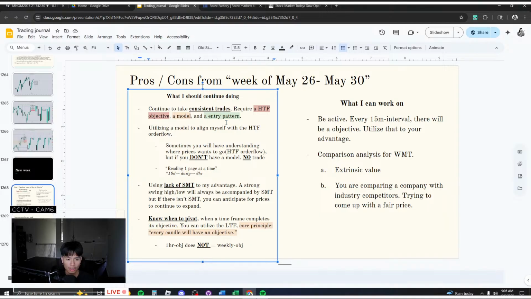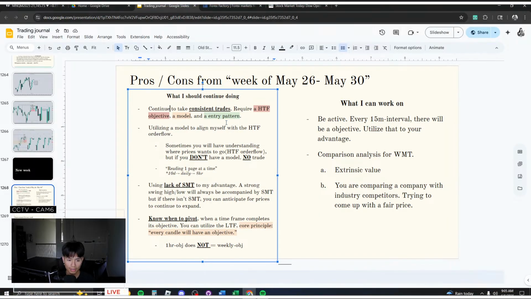And yeah, so that's the first thing. Second, utilizing a model to align myself with the higher time frame objective. So even if I have a general idea of where price wants to go on the higher time frame, I need a model on the lower time frames that aligns with the higher time frame order flow.